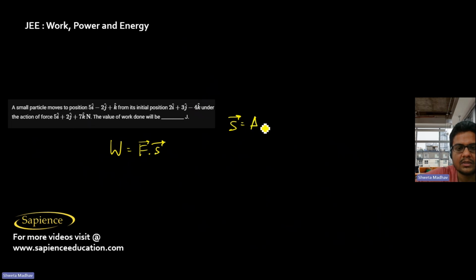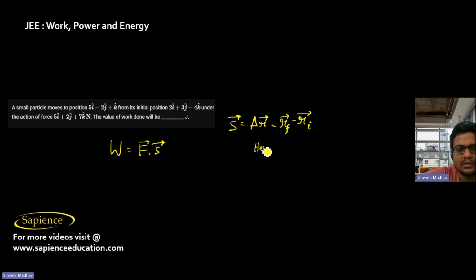Now S is equal to the displacement, that is equal to delta R vector, which is R final vector minus R initial vector. It means the final position vector minus initial position vector.